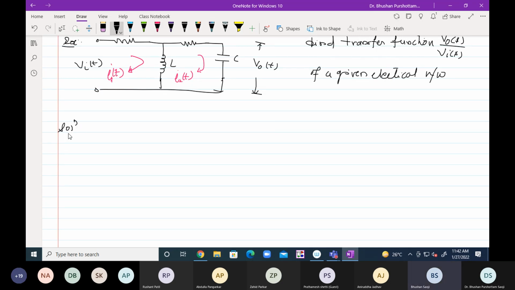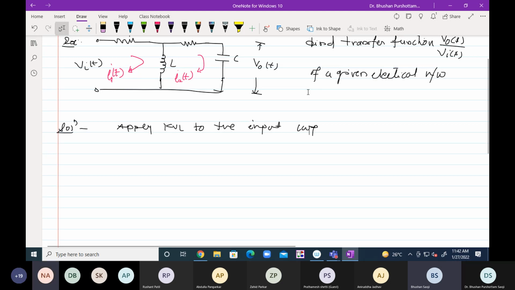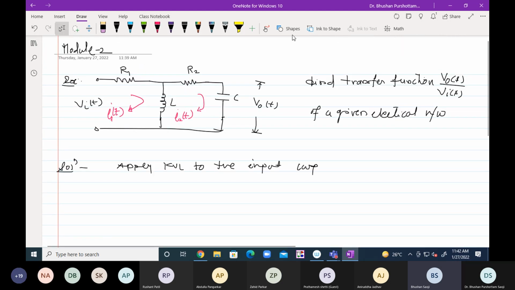Now in the solution, again apply KVL to the input loop. In the input loop, there is R1, L, and Vi of t. Let us say this is loop 1 and this is loop 2.